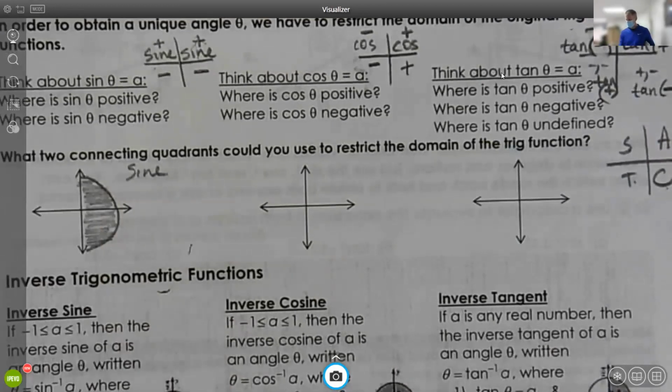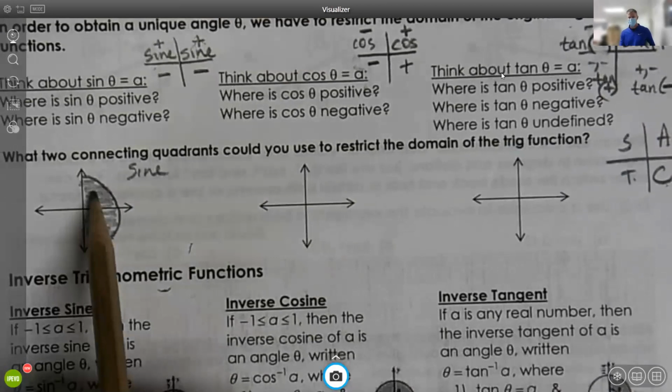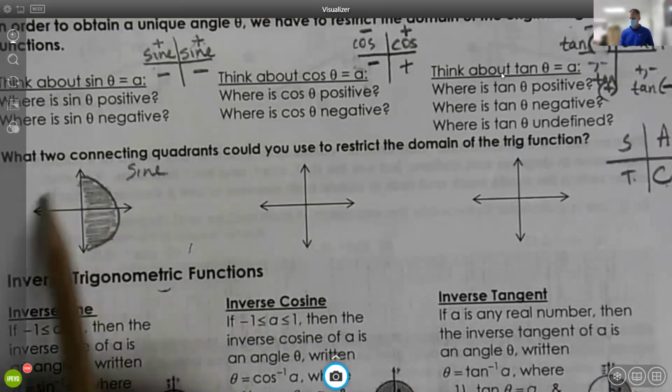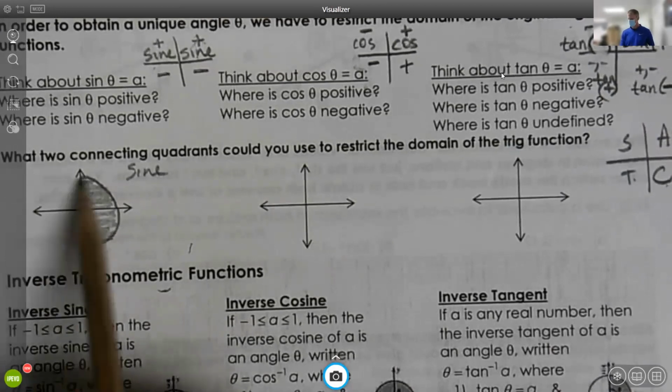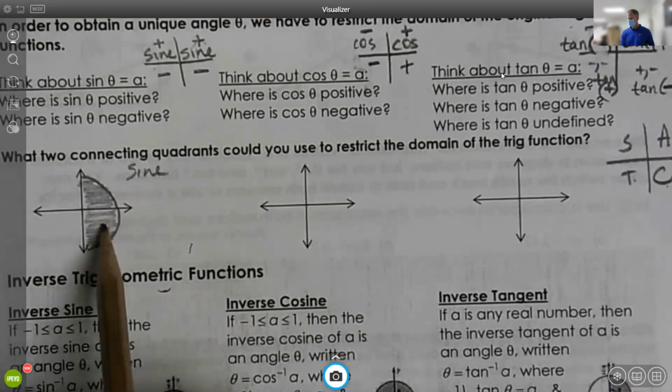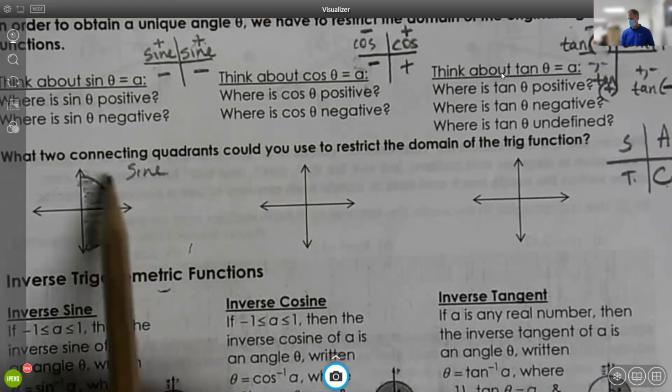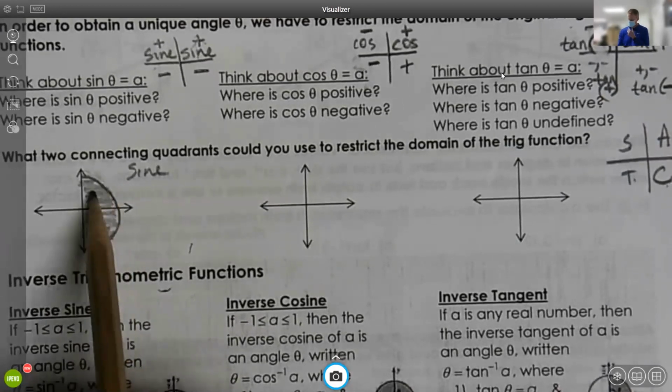We're not positive in the first and negative in the second, right? So we can't have a continuous measurement. So that's why we decided to look at the first and the fourth, because we can look at angle values continuously through this range, and we get positive y values and negative y values.